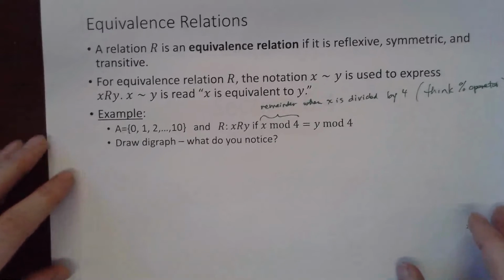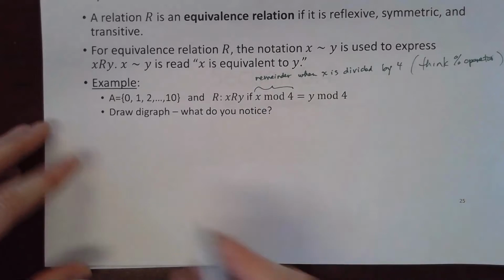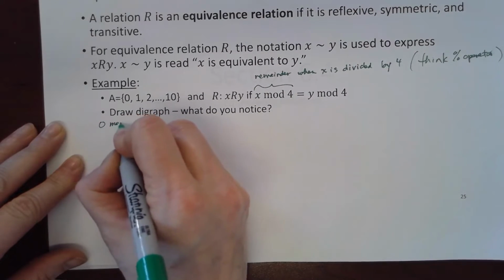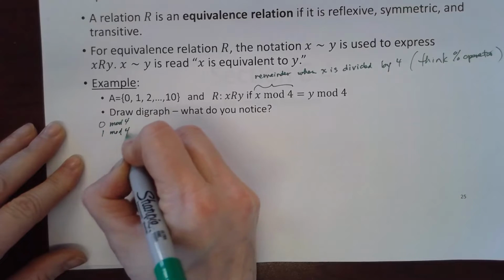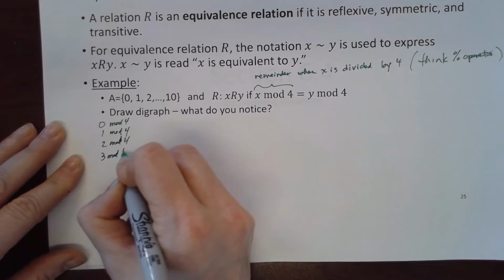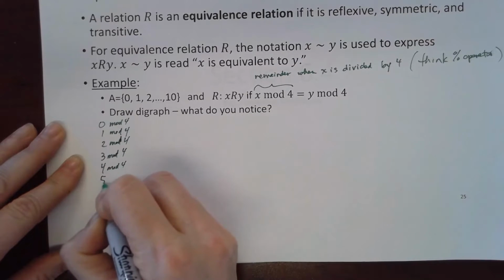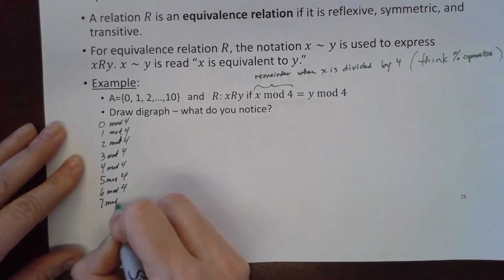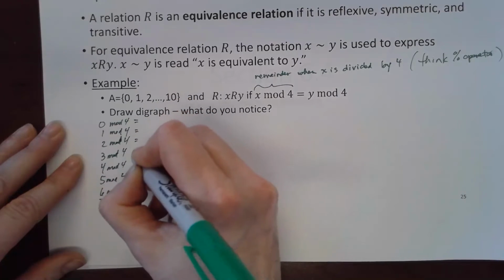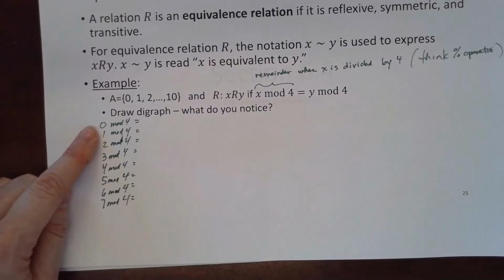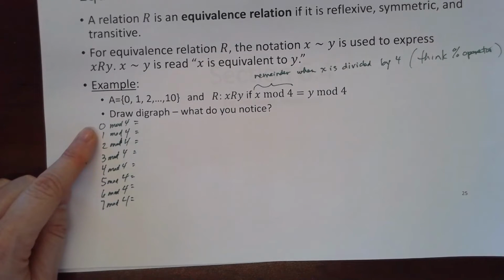Maybe as a side note, we'll just list what all these are. If I had 0 mod 4 and 1 mod 4 and 2 mod 4, let's do a few of them. If I do 0 mod 4, what remainder would I get when I divide 0 by 4? 0.